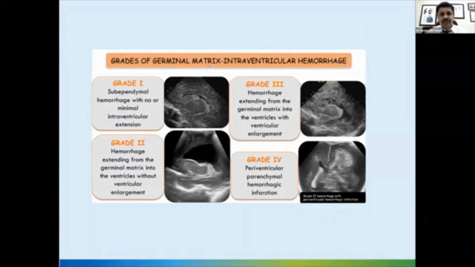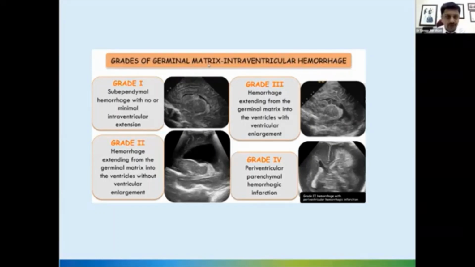So that is the picture on the cranial ultrasound scan on a sagittal section. The left top picture shows a small bleed in the germinal matrix, which is the typical grade 1 hemorrhage, which we most commonly see in our preterms. Grade 2 is in the right top corner. You can see the bleed is extending beyond the germinal matrix, but it is less than 50% and there is no ventricular dilatation.